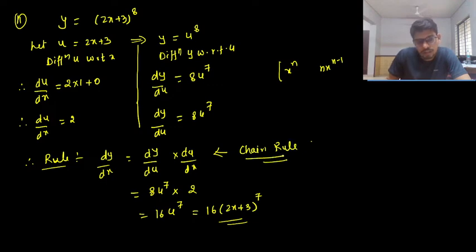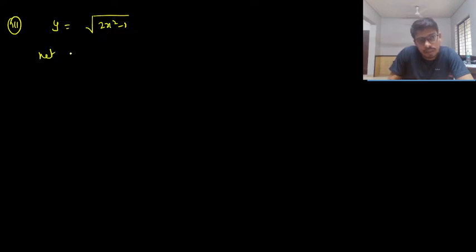Okay, now let's see another example. This is a little bit of a different kind. Suppose you have a function written in the form of root of 2x square minus 1. In this case, let's assume the inner part 2x square minus 1 as u, and then your y will become root of u.